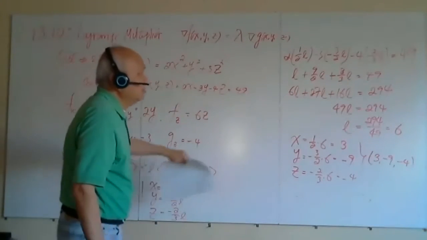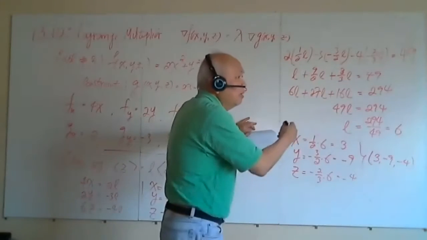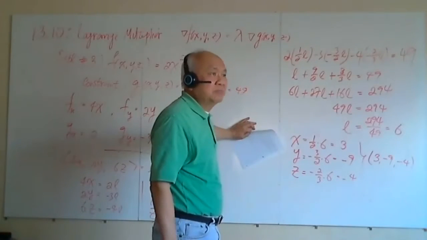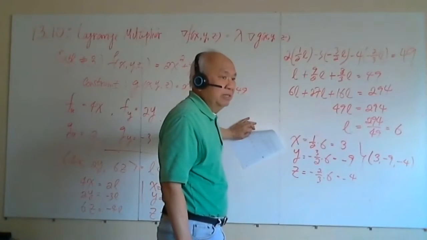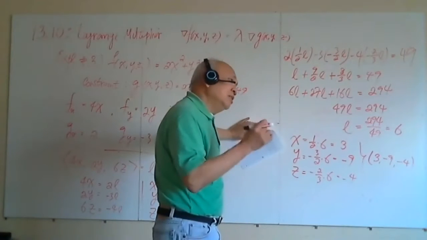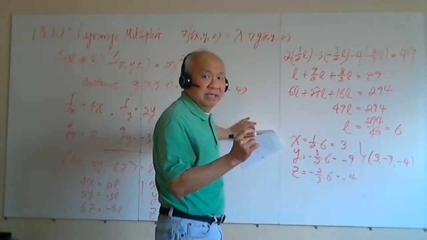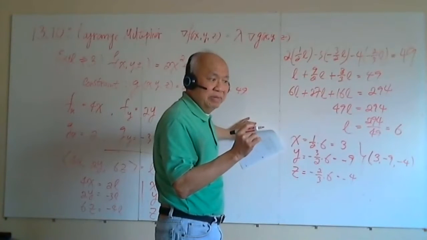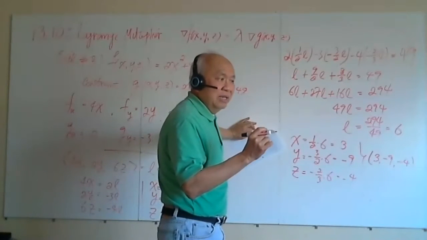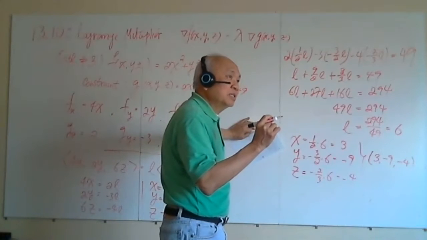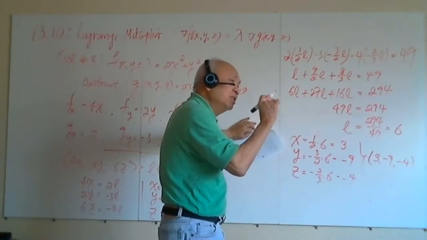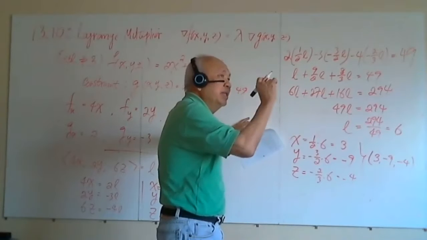Remember I told you yesterday, in this problem the problem never asks you what is maximum or minimum, because in a lot of situations it is actually inherent. Do you understand what I mean by inherent? Like, what is the smallest distance between A and B?